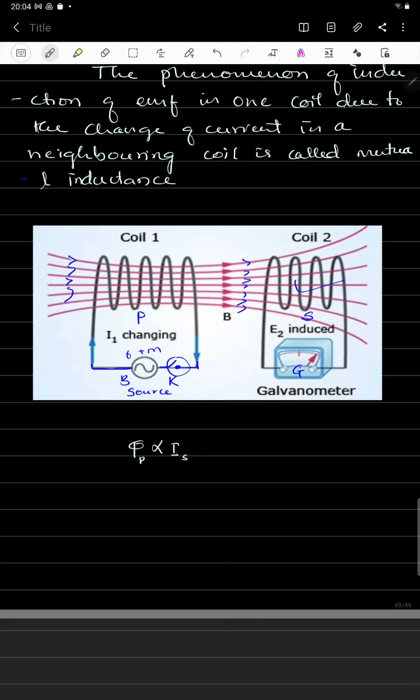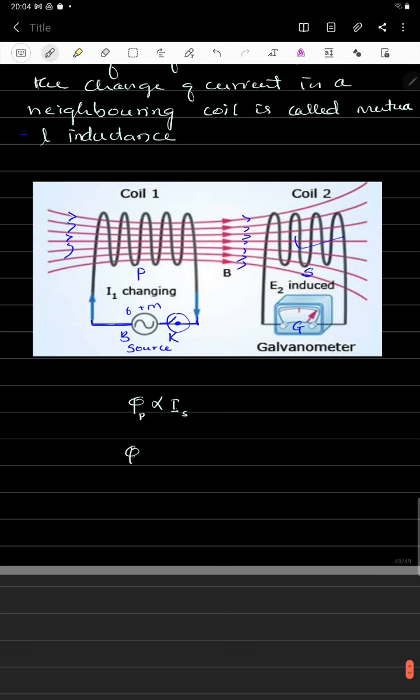So the magnetic flux linked with one of the coils is directly proportional to the current through the neighboring coil. We will remove the proportionality sign by introducing a proportionality constant.